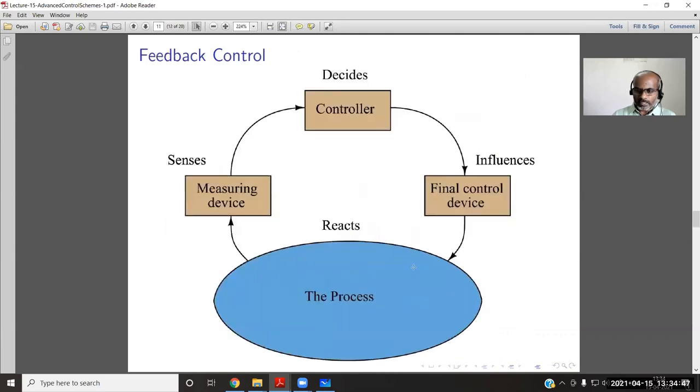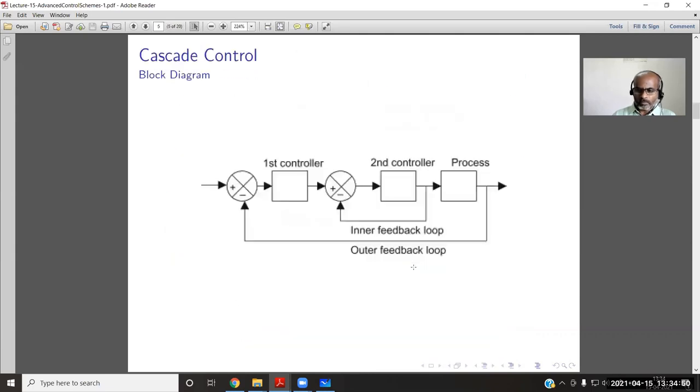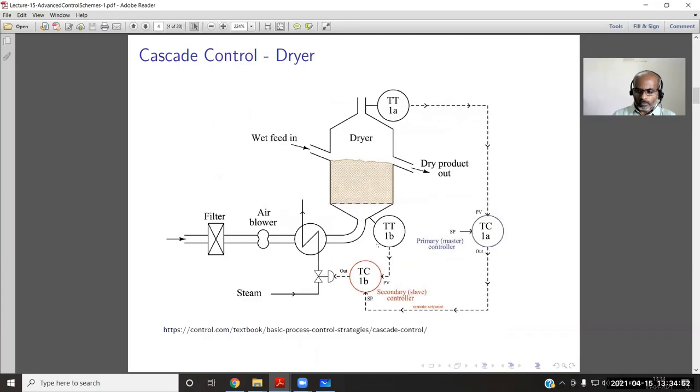Of course, in the first case, the inner loop is also a temperature measurement and temperature controller. But in comparison to the outer loop, you can say the inner loop will be faster because it has limited capacity. This is the system for TT1B, whereas for 1A, the process is material passing through the entire dryer contents.